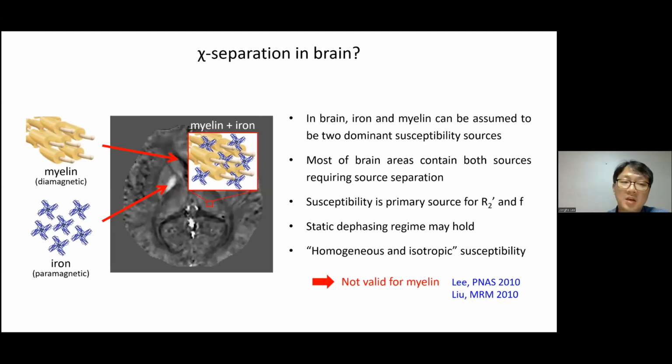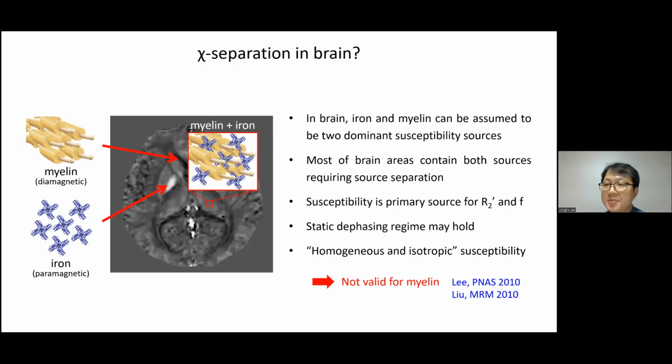The other source is myelin, which is diamagnetic. I can say these two are the major sources of susceptibility in the brain. In rare cases, you will get copper or zinc in some disease cases, and in some cases you also get calcification, which is normally of no interest clinically or research-wise.